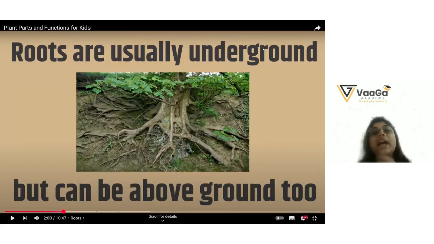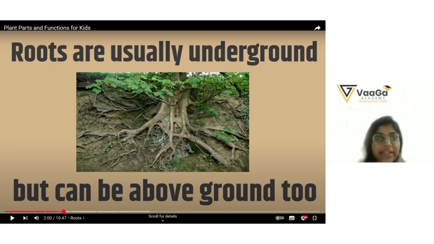Now the next thing we are going to learn about it. Roots are usually underground, but can be above ground too, like this. It means that sometimes you can see the roots above the ground, and mostly the roots are underground. We can't see it, but sometimes we can see. Ma'am, I've seen a root outside like that.